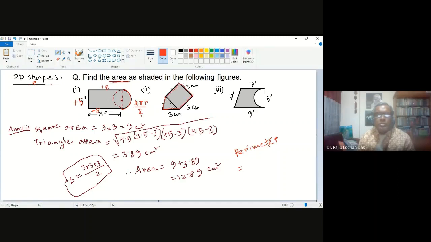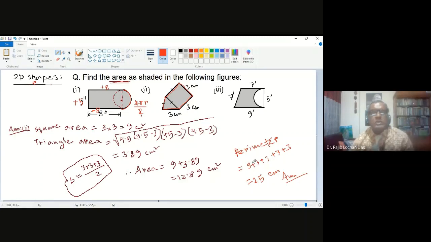So 1, 2, 3, 4, 5, just 5 threes. All are 3. So 3 plus 3 plus 3 plus 3 plus 3, so 15. It is centimeter, not square. Perimeter is boundary line, it is not square. It is only centimeter. That is the perimeter answer.